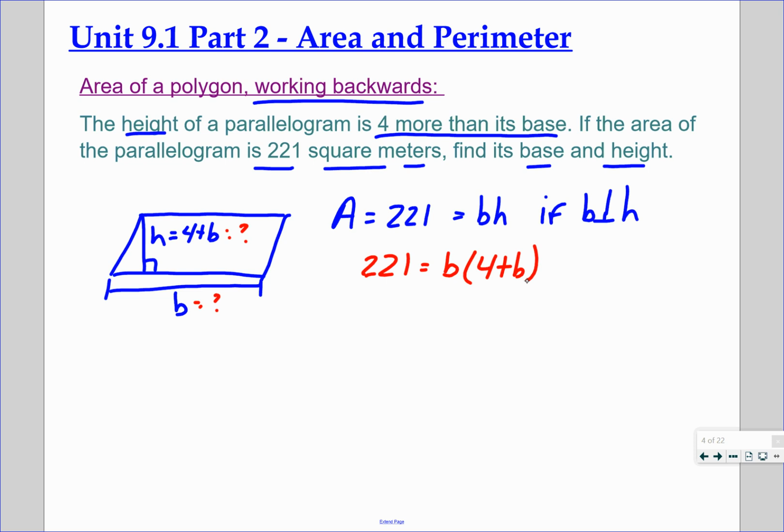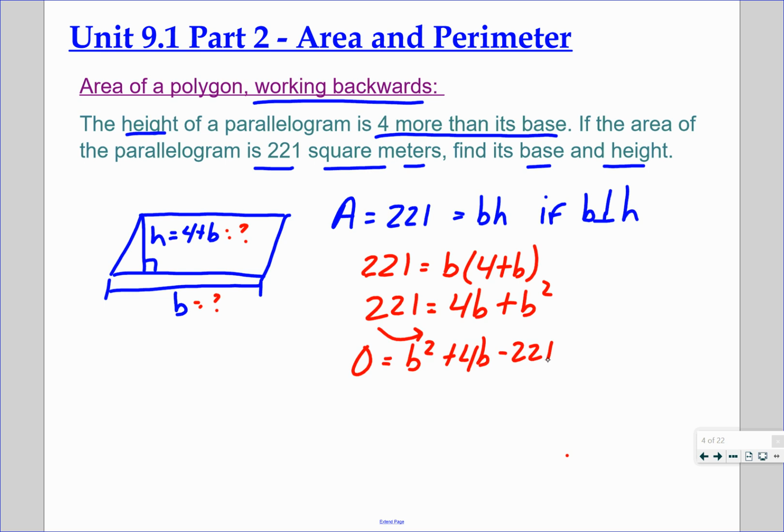So if we multiply here, we're going to get 221 is equal to 4b plus b squared. Think back to your deep, dark days of Algebra 2. If we were to subtract this 221 over, we'll have 0 equals b squared plus 4b minus 221.